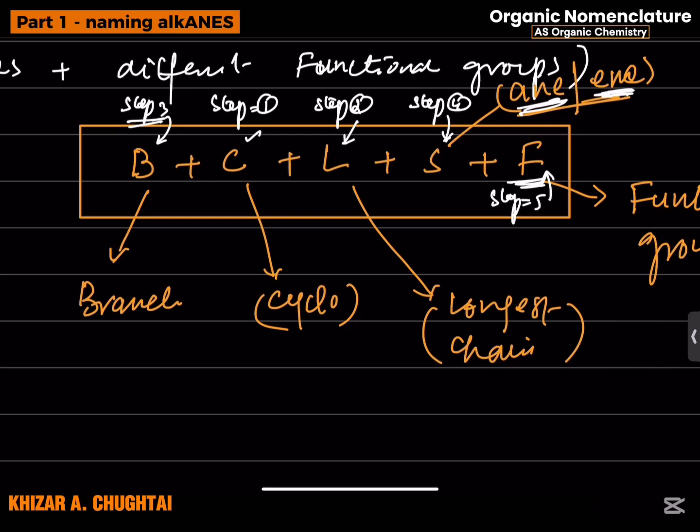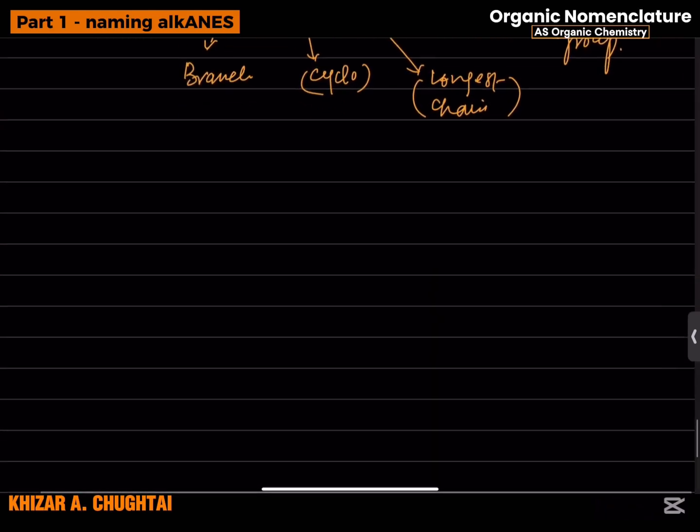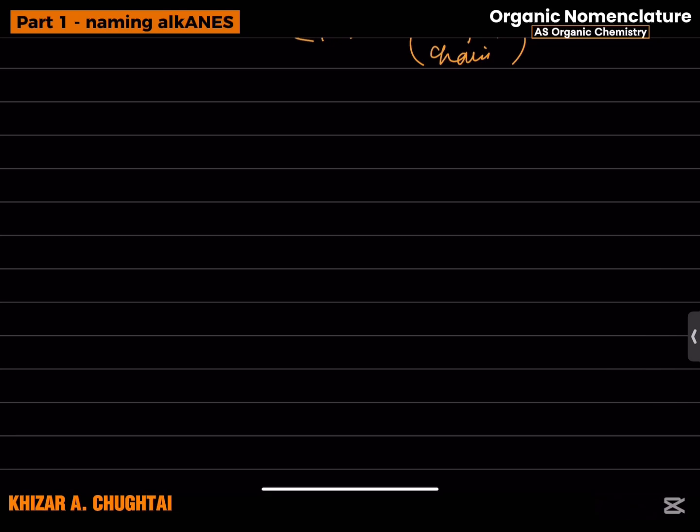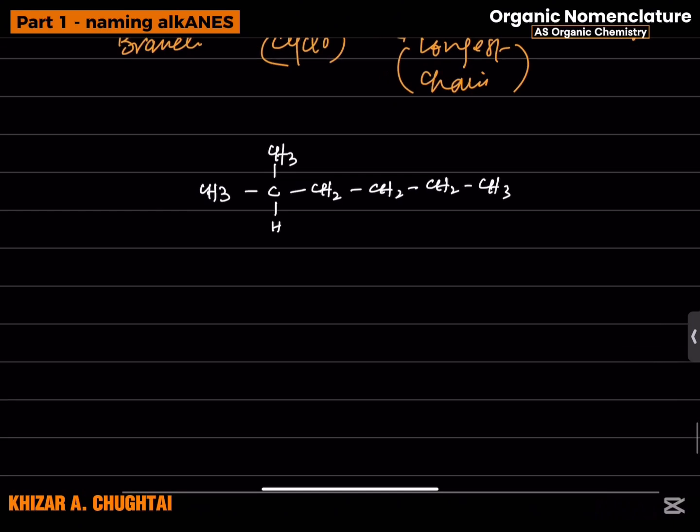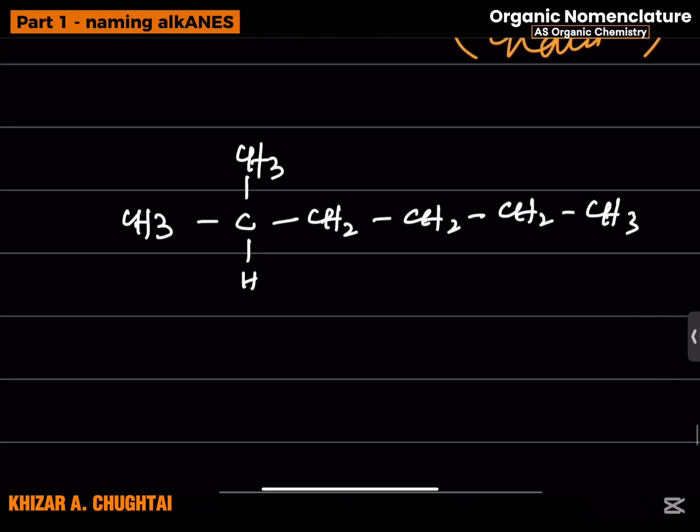For example, I am going to start from this structure: CH3, C, CH3, CH2, CH2, CH2 and CH3. First of all, the first step is, is it cyclo or not? It is not cyclo, it is an open chain compound.